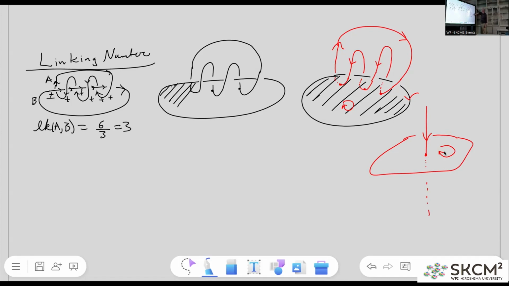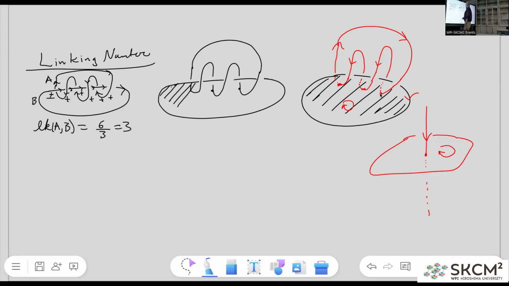Now, if you put your fingers around the circulation in the surface, the orientation of the surface, and your thumb points in the direction of the piercing arrow, you call it a 1, an intersection number of type 1. If this arrow had been going in the other direction, then your thumb would be pointing against the arrow and you call it -1. But now you see 3 intersection points.